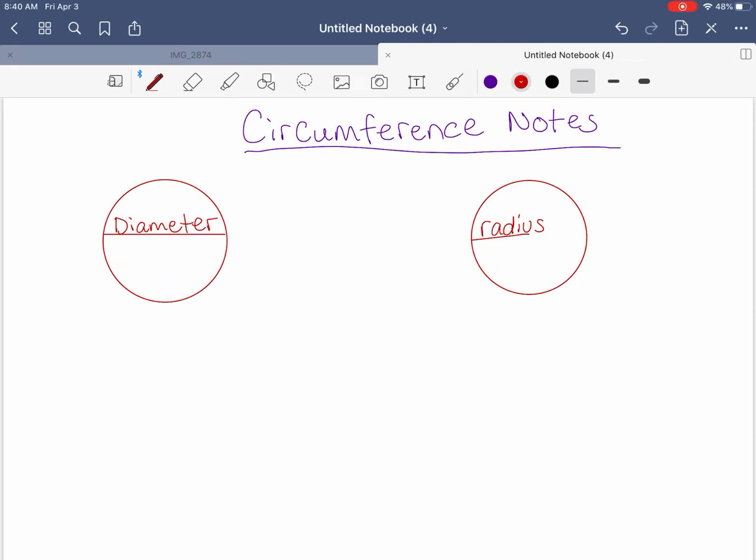To figure out the circumference using the diameter of a circle, the formula is circumference equals pi times the diameter.